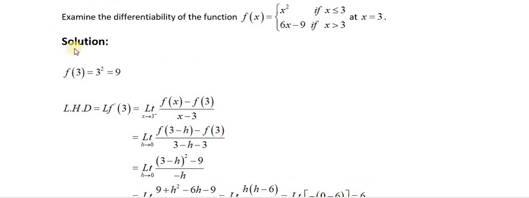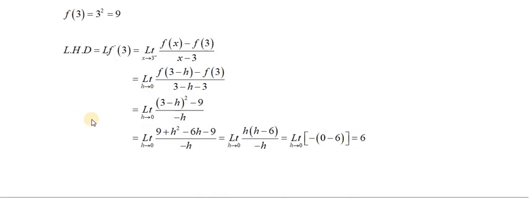Solution is as follows. First of all, I am going to find f of 3 value. f of 3 means replace x with 3. So, f of 3 equal to 3 square. 3 square is 9. Now, I am going to find LHD value at x equal to 3. Therefore, f dash of 3 equal to limit x tends to 3 minus, f of x minus f of 3 by x minus 3.